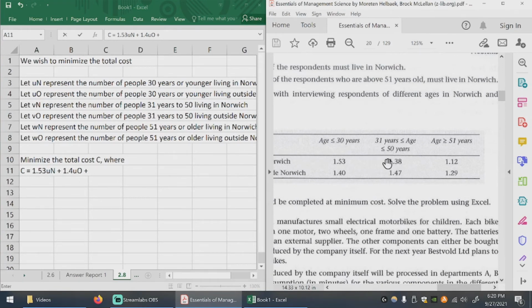So 1.38 VN. The cost associated with this age group but living outside of Norwich, 1.47 times the number of people, which is VO.